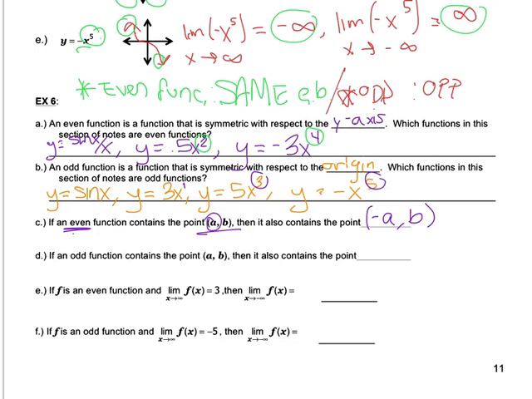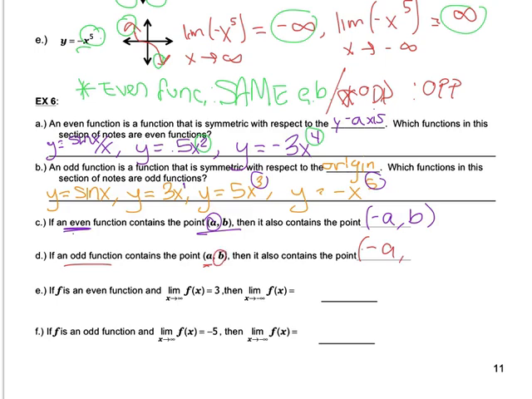The next would be similar, but now we're talking about an odd function. So if I have an odd function and it contains the point (a, b), then it also contains the point what? That was the opposite of what we just talked about with even functions. In this case, if I plugged in the negative x value, so negative a, I didn't get the same exact y value as before.